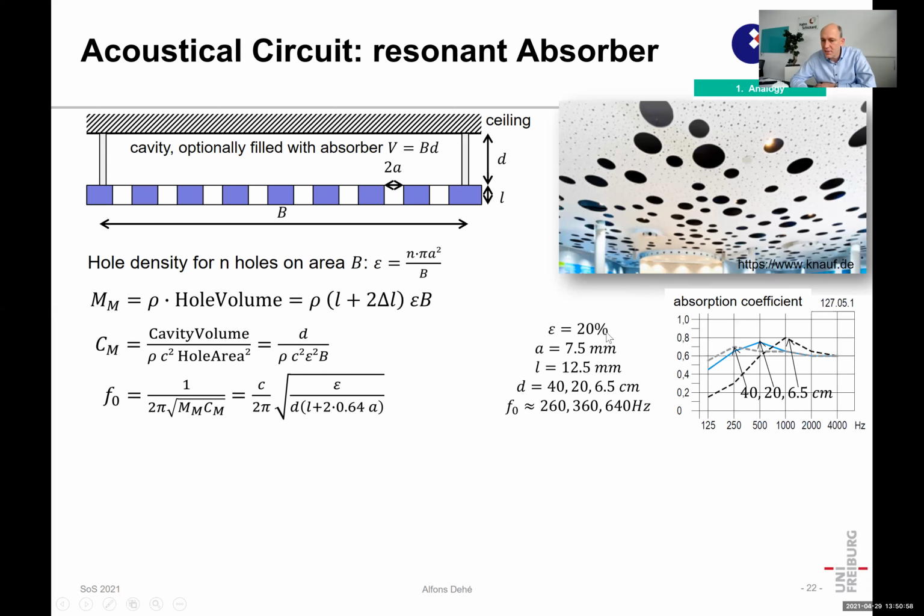They have a 20% density of holes with something like 12 millimeter thickness and 50 millimeters diameter. And you can simply use this equation and check for those dimensions the resonance frequency. I did so: 260 to 640 hertz. And the data sheet measurements of the absorbance of those plates are fitting somehow.